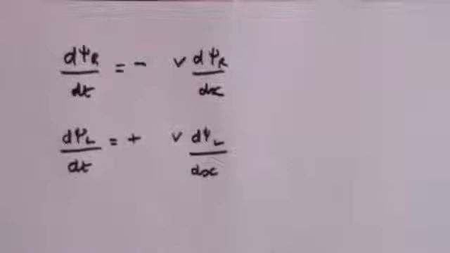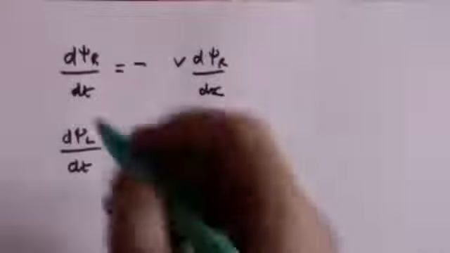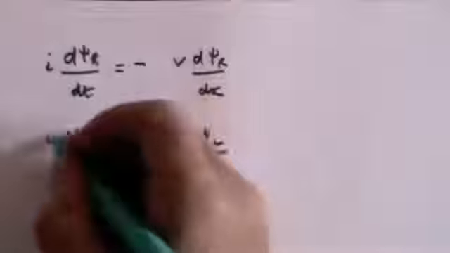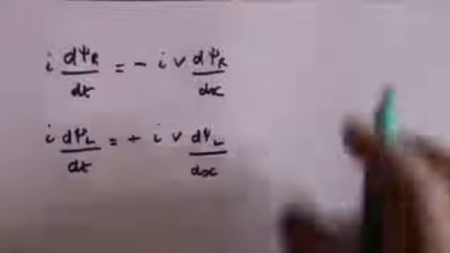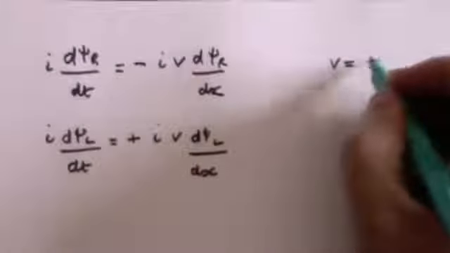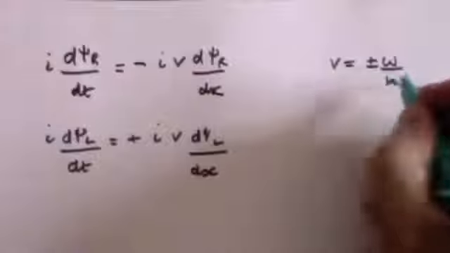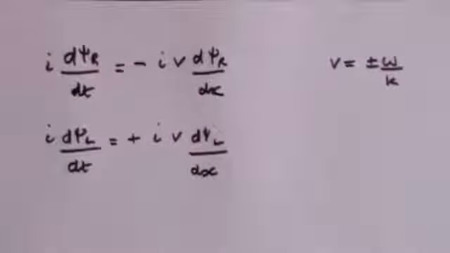And you'll recall that we cancelled them out, but I'm going to put back the i terms on both sides of the equation. And you'll just remember that v was equal to plus or minus omega over k. That was how we derived v.